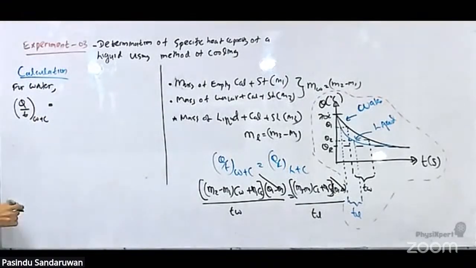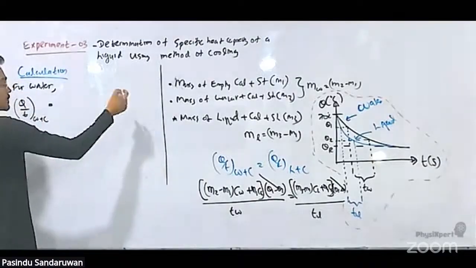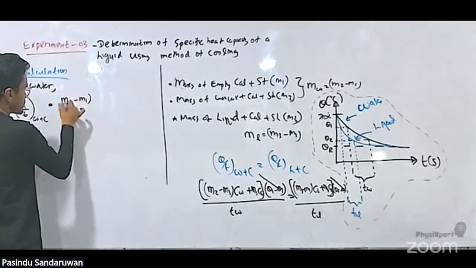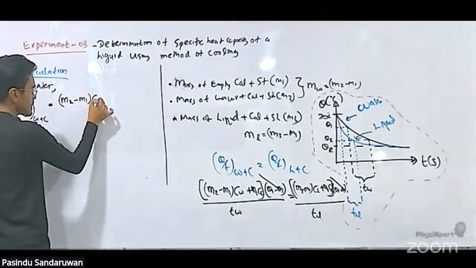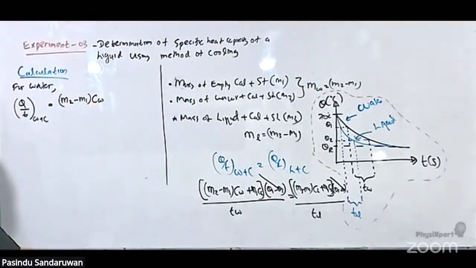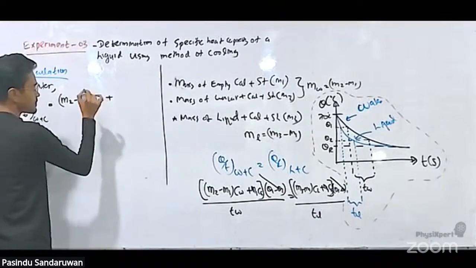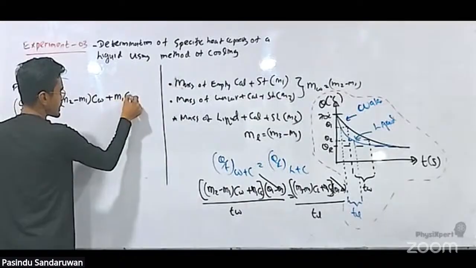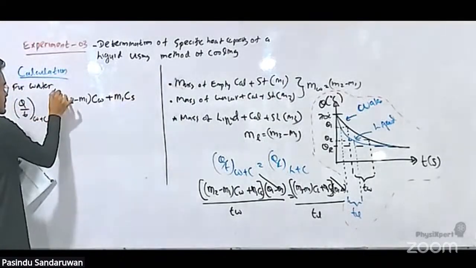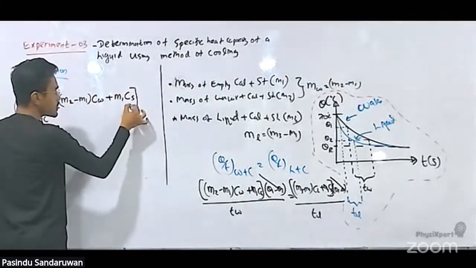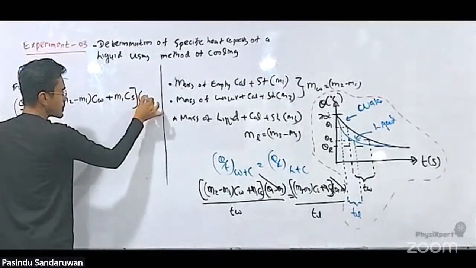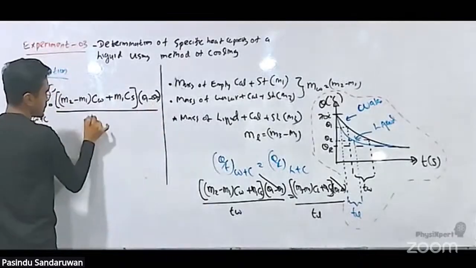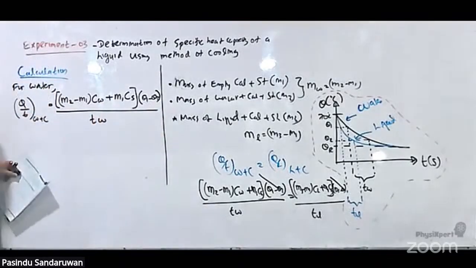Mass of water is M2 minus M1. Specific heat capacity of water is Cw. Mass of calorimeter is M1, specific heat capacity Cs. They are cooling down from theta 1 to theta 2 during a period of Tw.